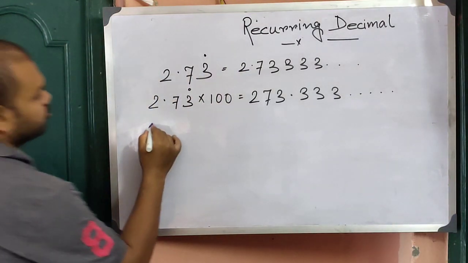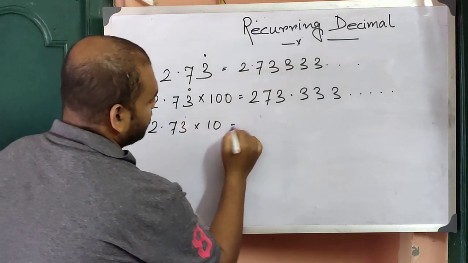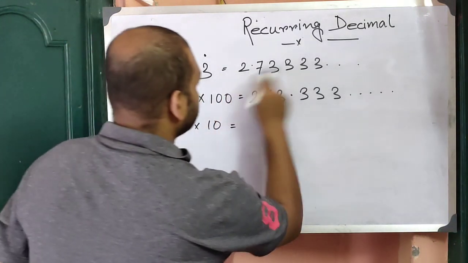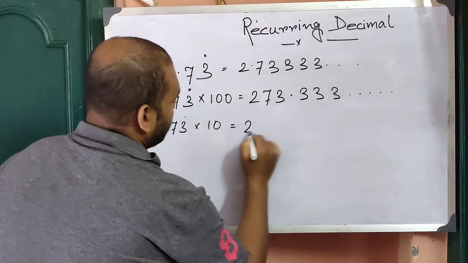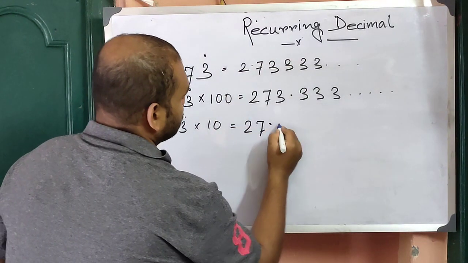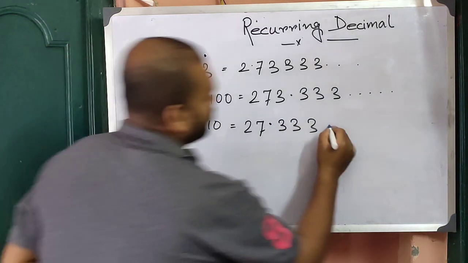Now 2.73 recurring into 10 will give you, only one place it will shift, so 27.333 and so on.